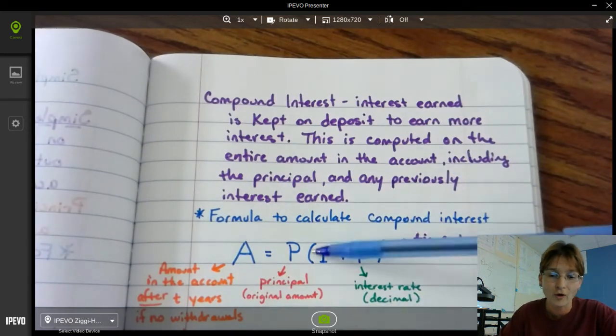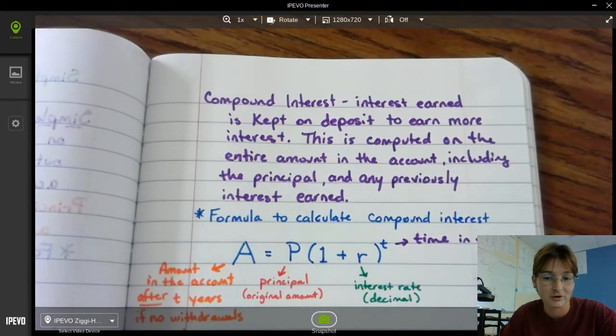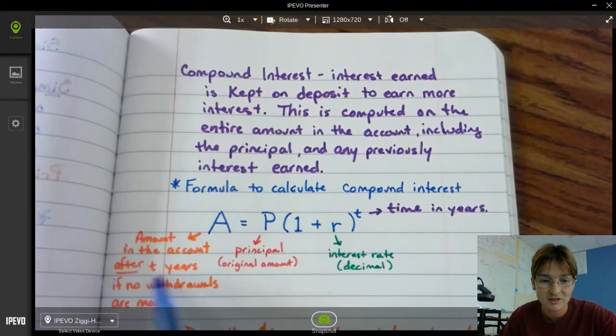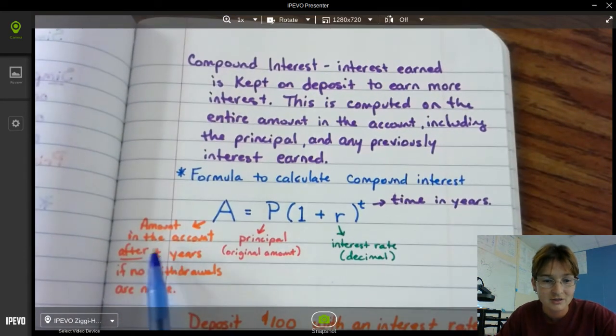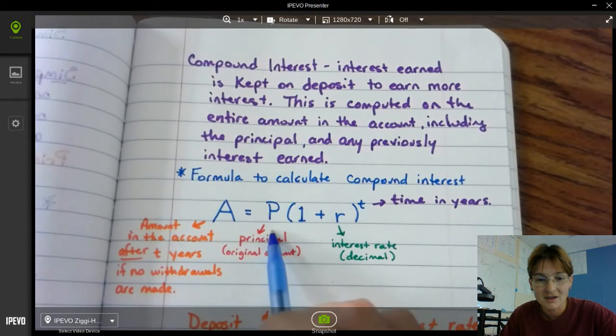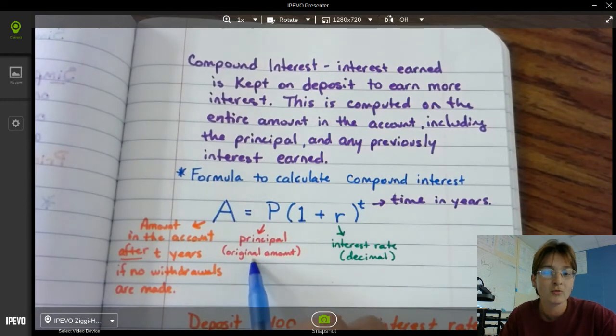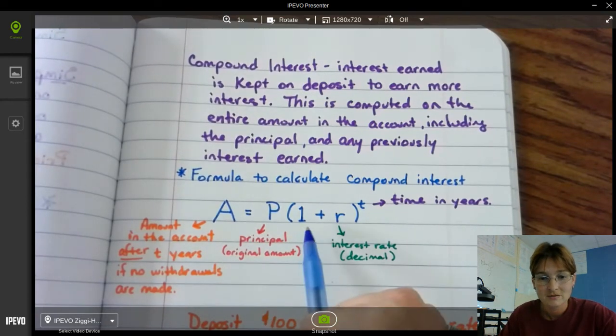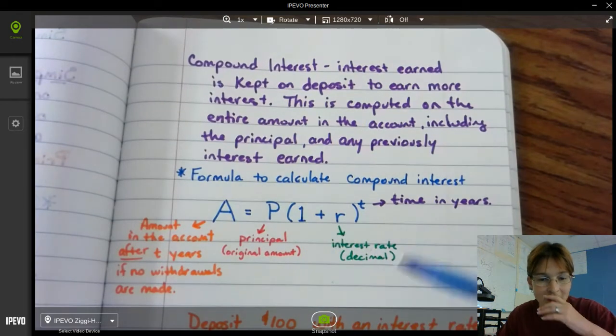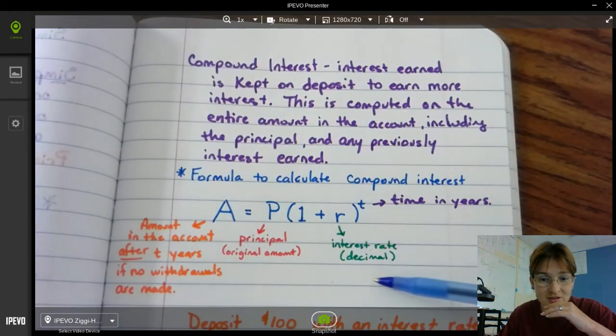Okay, so the formula to calculate compound interest, what you're earning, is A, which is the amount in the account after however many years, if no withdrawals were made. P is still your principal, your original amount, or what you put in, times 1 plus R, which is your interest rate again, and we're going to change that percentage to a decimal.